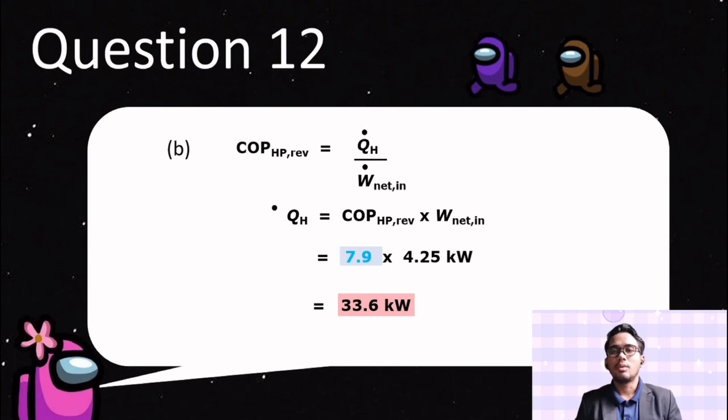So 7.9 times 4.25 kilowatt. Then the answer we got is 33.6 kilowatt, because the question asked for kilowatt. Okay, right now we go through the next question.